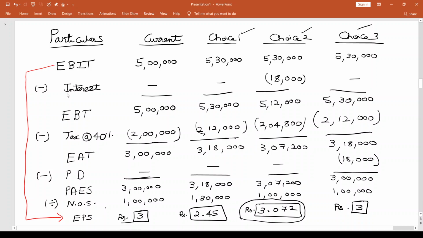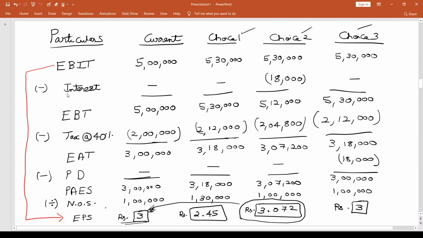As of now, for every share that they hold, they have an earnings of only 3. Now they're going to have earnings of 3 and a little more than that. Even though we say that this is just a little more, not a lot more, but still, it's still more, right? Arithmetically, it is still more than 3. So we will conclude that as per the EBIT to EPS analysis, choice 2 is the best.